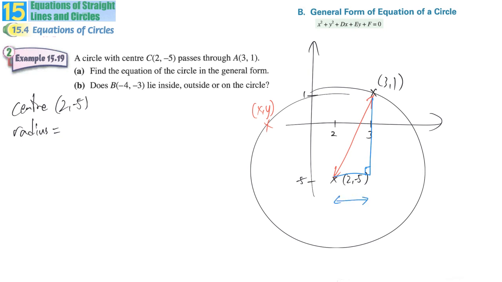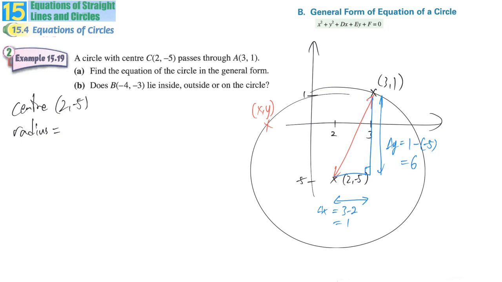The x difference is the difference between 3 and 2. That means 1. The y difference means the difference between 1 and -5. So 1 minus -5, we get 6. Starting from -5, going up by 6 steps, we reach 1.